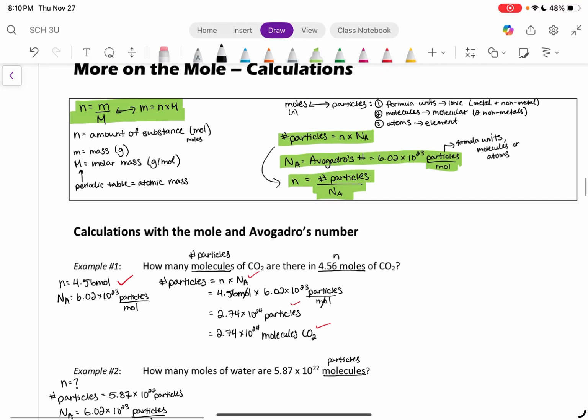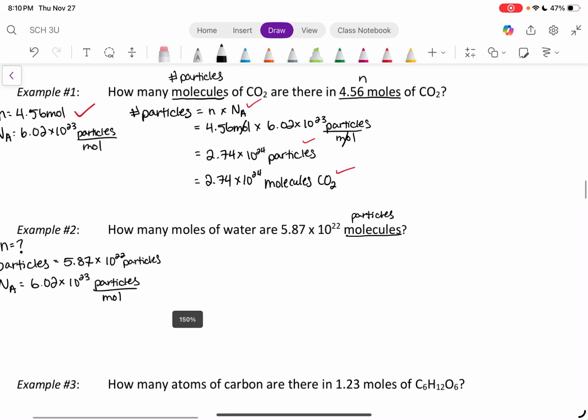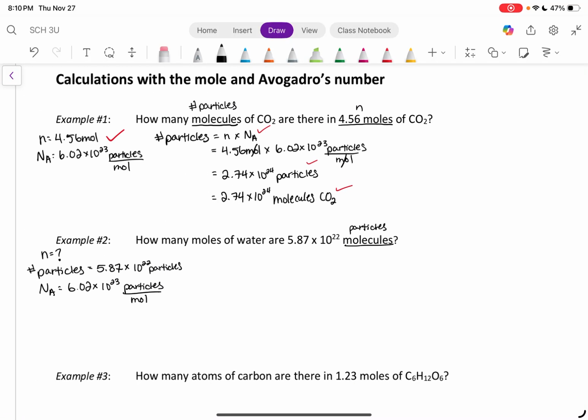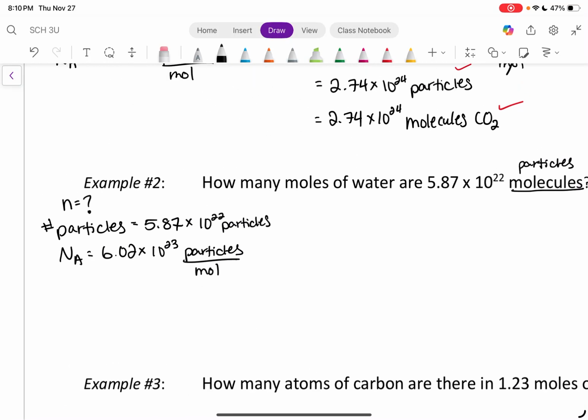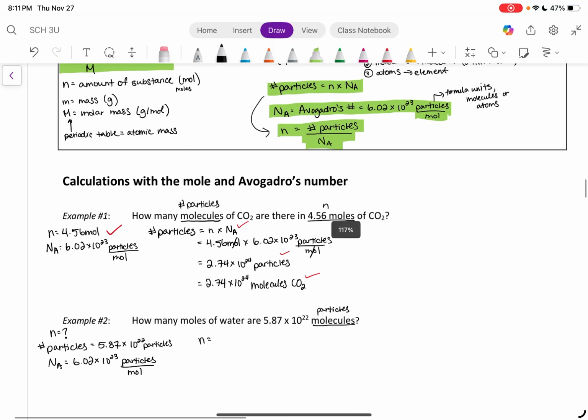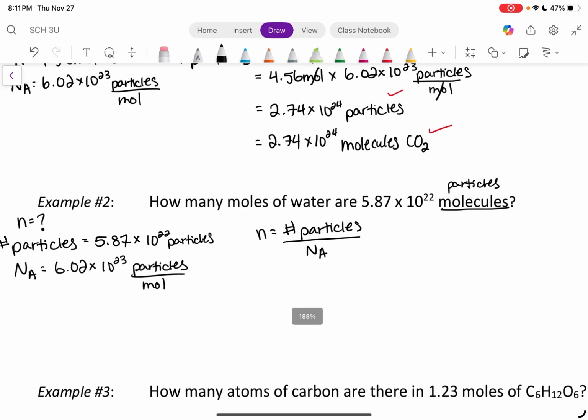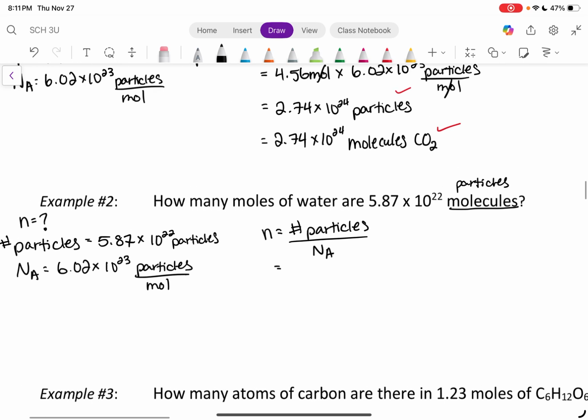So for this one, I'm solving for N. So I need to use the rearranged version of our formula this time compared to the first one. It's slightly more difficult than the example from above it. So N equals my number of particles over Avogadro's number. I'm going to substitute in my values.